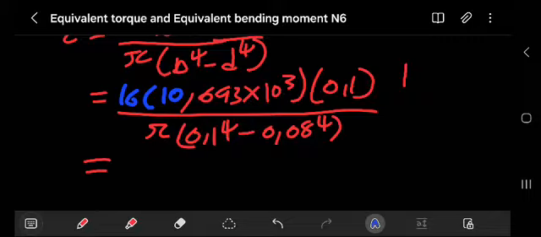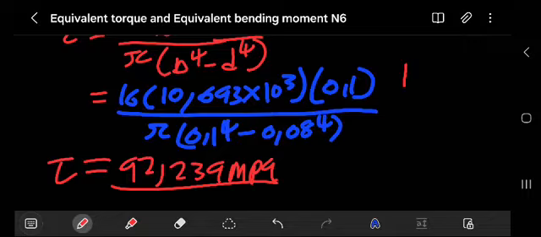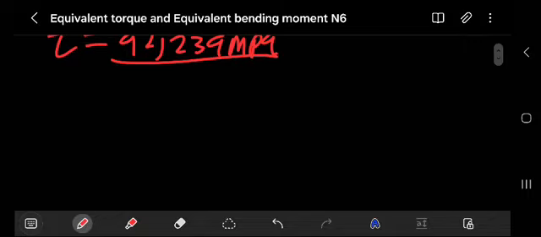Punching this, we should get our shear stress to be 92,239 megapascal.